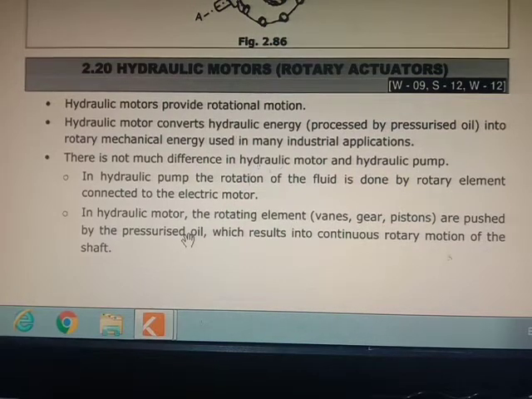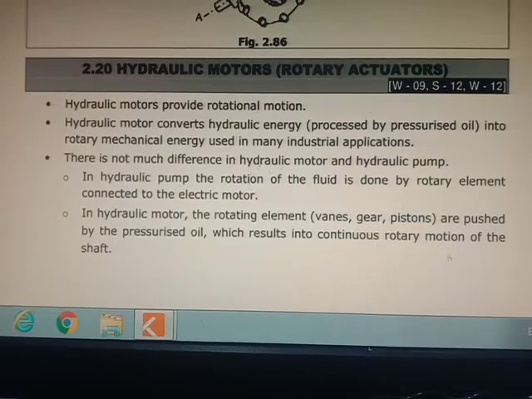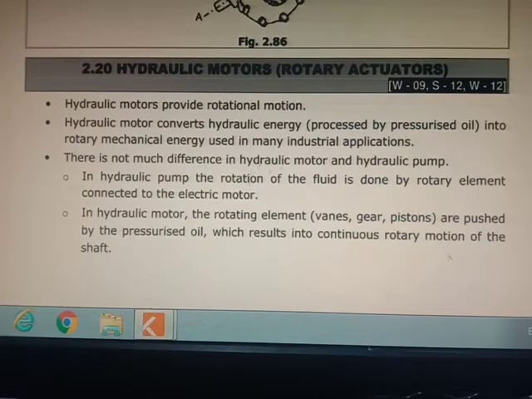Alright. And in a hydraulic motor, whether it is vane type, gear type, or piston type, all these rotary elements are pushed or rotated with the help of the pressurized oil, which gives you the continuous rotary motion of the shaft.